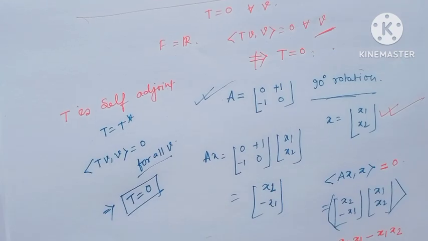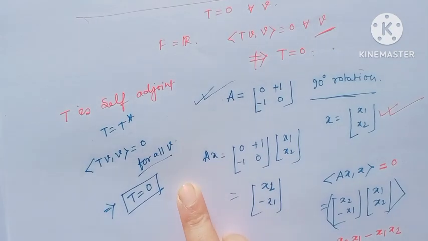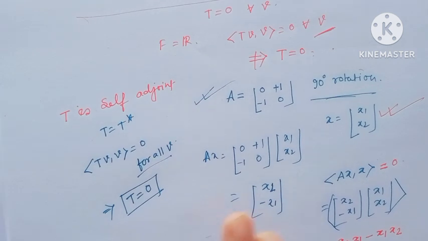That means when T is a self-adjoint operator, it does not matter whether it is a real space or complex space. For any space, if the inner product of Tv with v equals 0 for all v, then the operator is always the 0 operator.